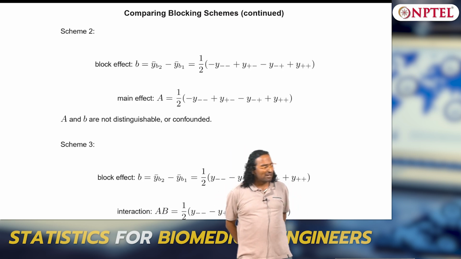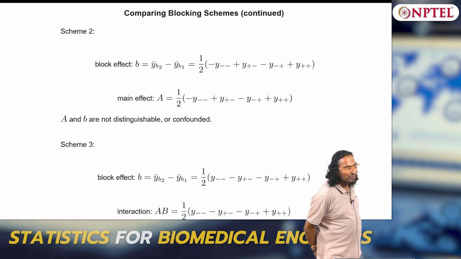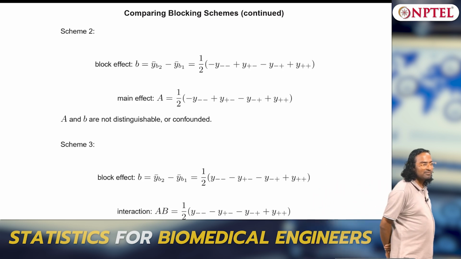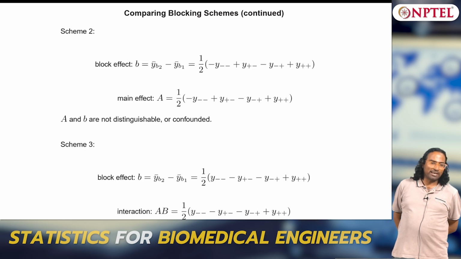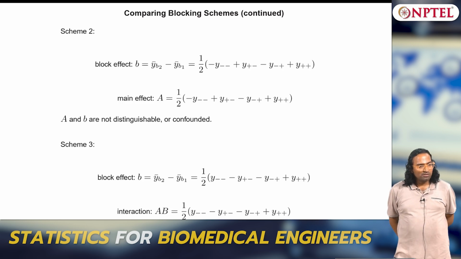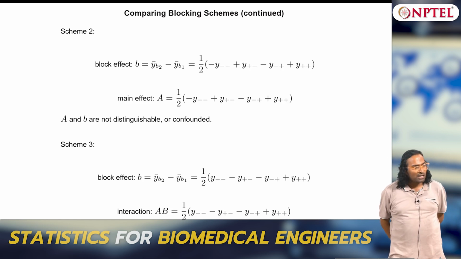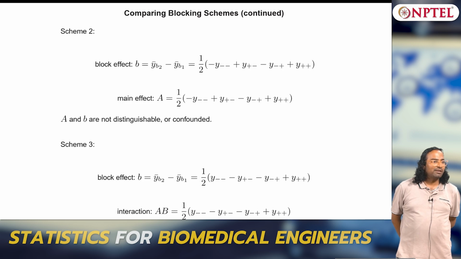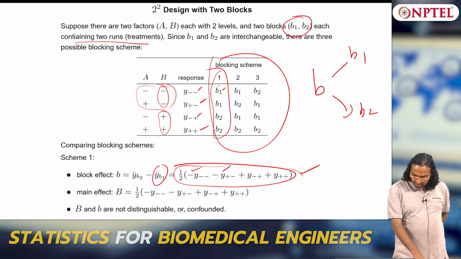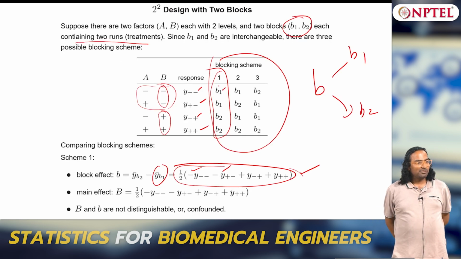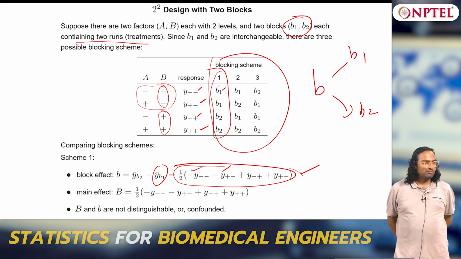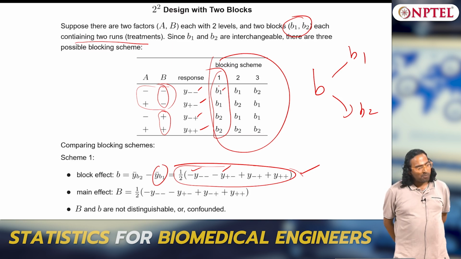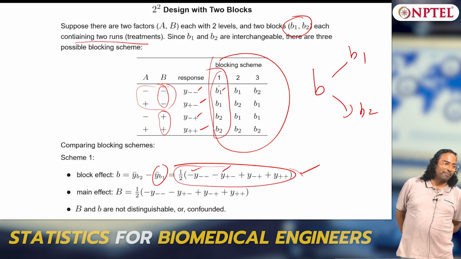This happens even with a single block at 2 levels, B1 and B2. So what is exactly confounding? You will not be able to distinguish whether this variation is due to blocking or variation in B. See these equations: variation in B would have given this output if you compute with the data, and similarly variation in block could have also led to the same answer.